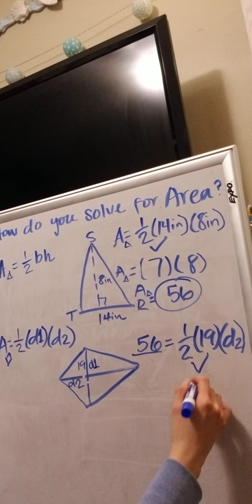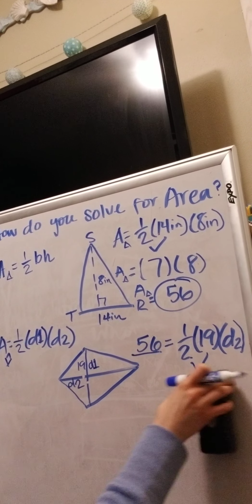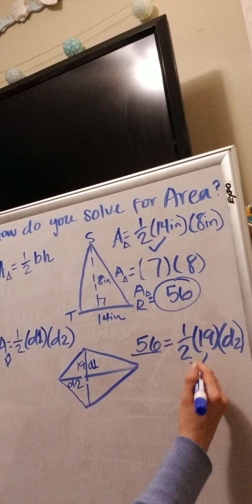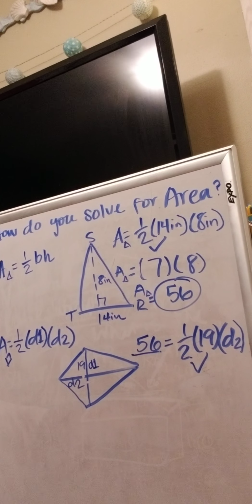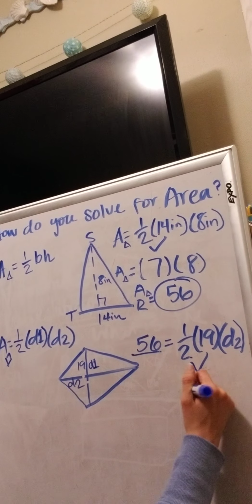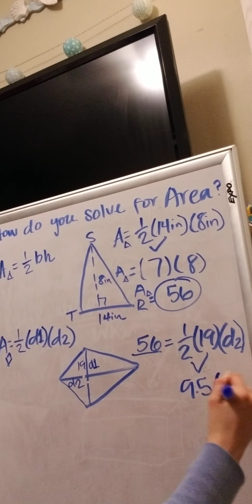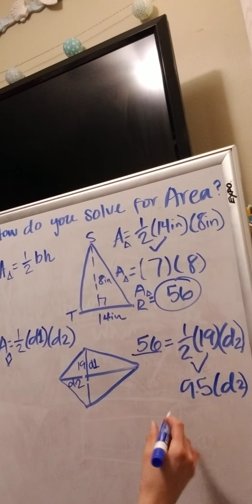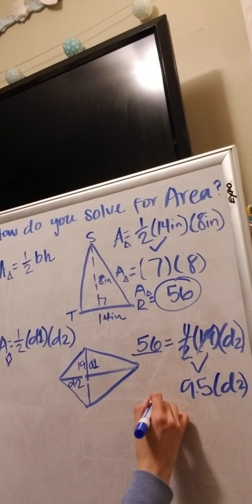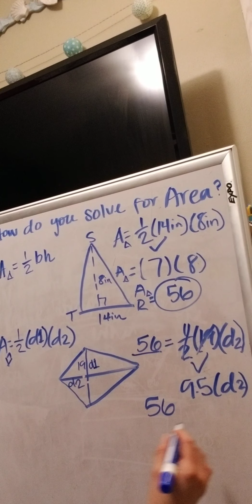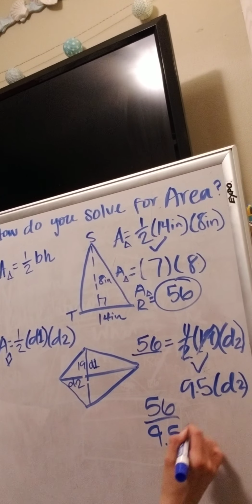So what is 1/2 of 19? 9.5. I don't know, it was hard for me. Okay, diameter 2. So we already got those numbers out of the way. Now we're going to divide 56 by 9.5.